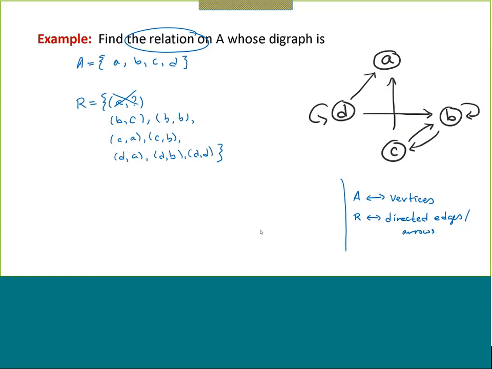Now, here's how you check to make sure that you got the right number of ordered pairs for your relation. You go over here and you count up the total number of arrows. So anybody get what the total number of arrows was over here? Anybody happen to get a count on total number of arrows that we originally had?